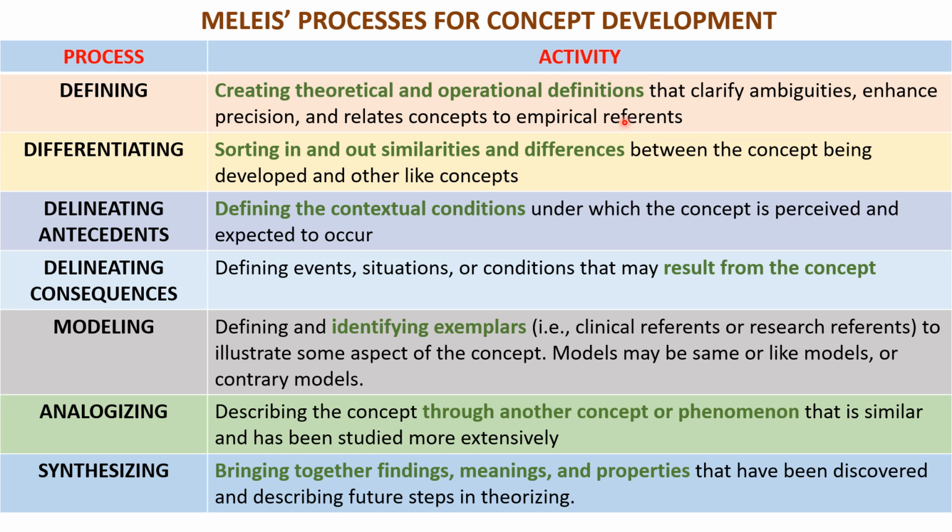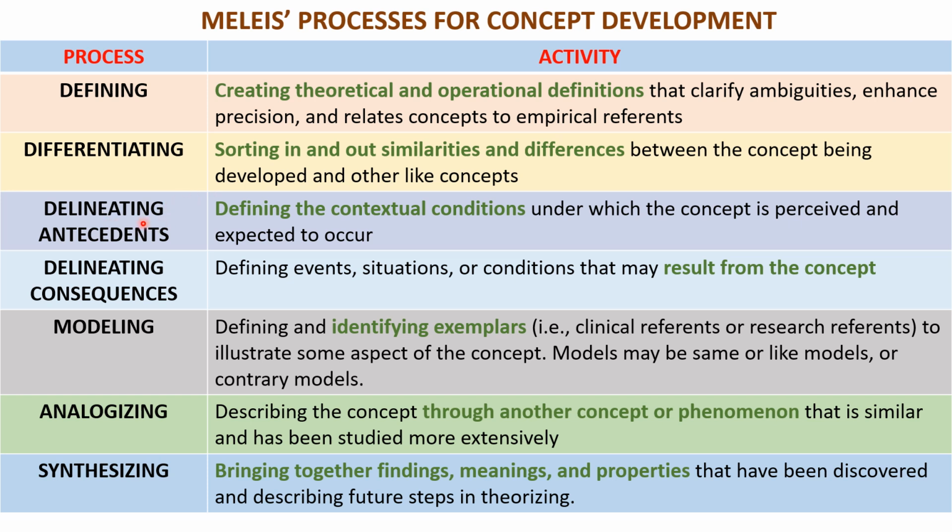So first we are giving a definition for the concept we have identified. The second step in the process of concept development is differentiating: sorting in and out similarities and differences between the concept being developed and other like concepts. We are sorting out, we are differentiating.